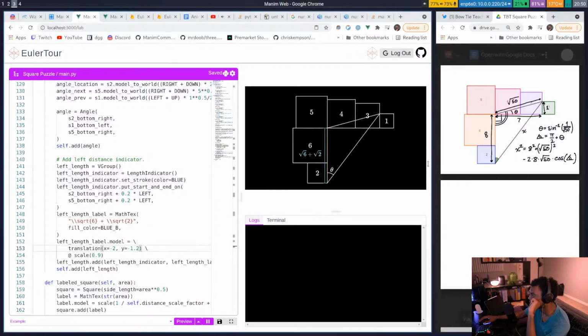Then I'll need this distance and this, well, that's just 1. So this will be root 7, this will be root 1, and this will be the square root of those two.